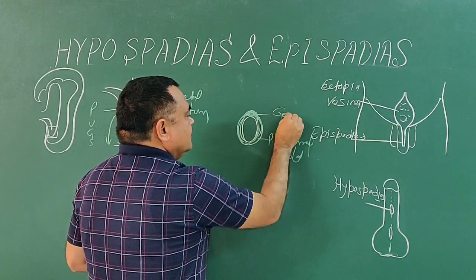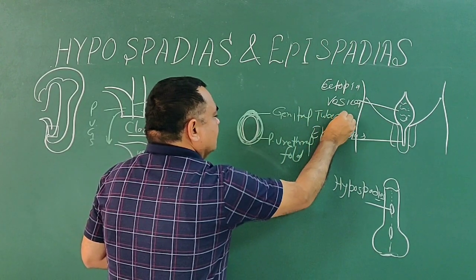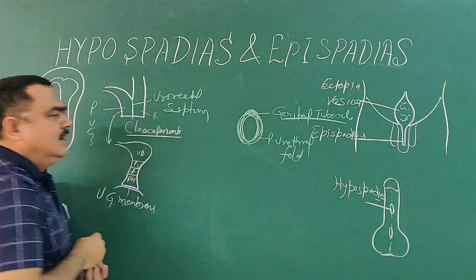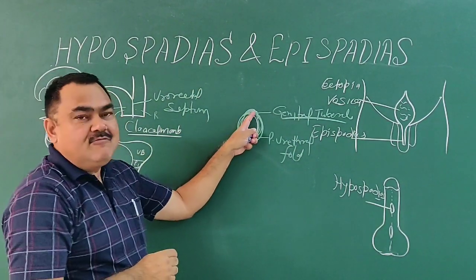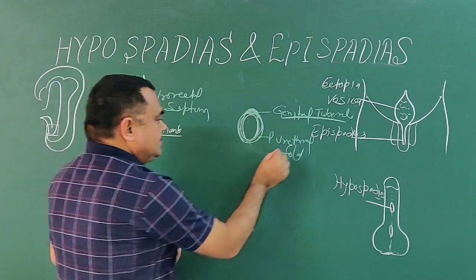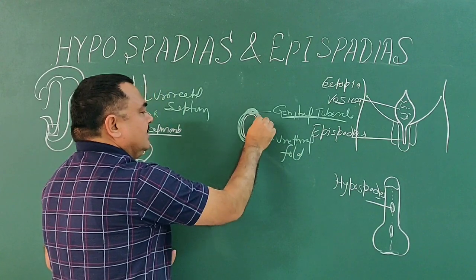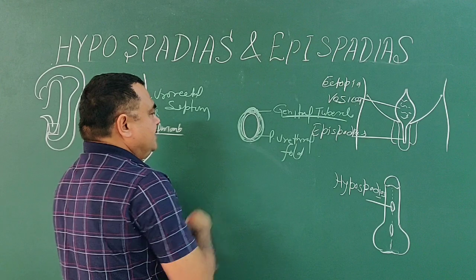the genital tubercle. This is the genital tubercle. In female, this genital tubercle forms the clitoris, and this urethral fold forms the labia minora, and another fold is also present here.